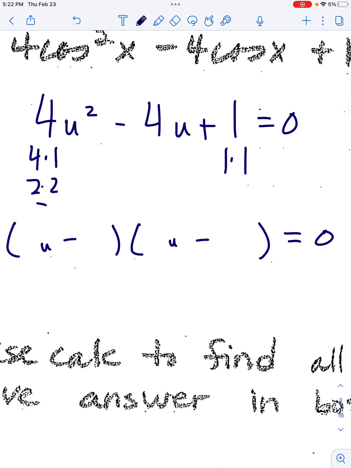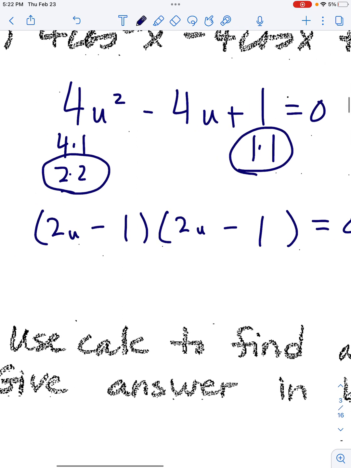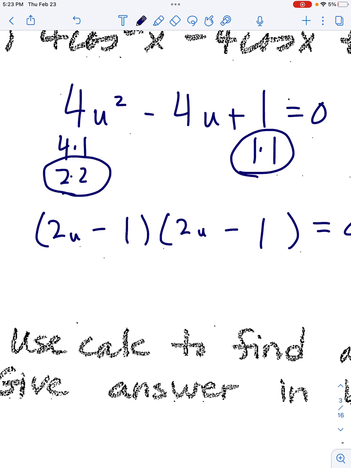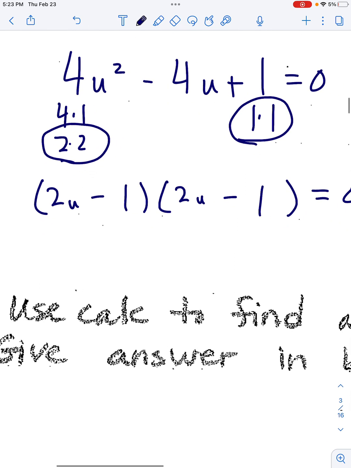So this is going to be 2 and 2, right? Yeah. 2, 2, 1, 1. Good. So that's correctly factored, okay?